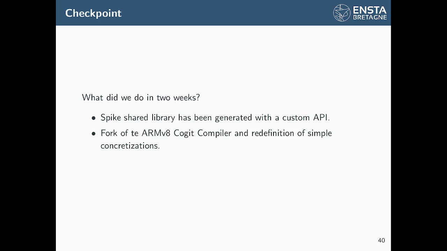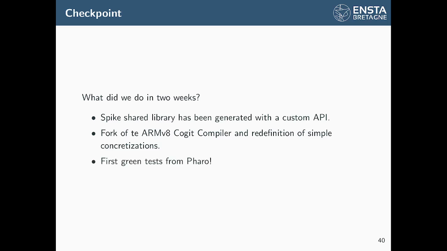I wrote, forked, but it's rather a copy of the ARM v8 JIT compiler, and we redefine some simple concretization. So the passage from IR to machine code is correct with RISC-V instructions.